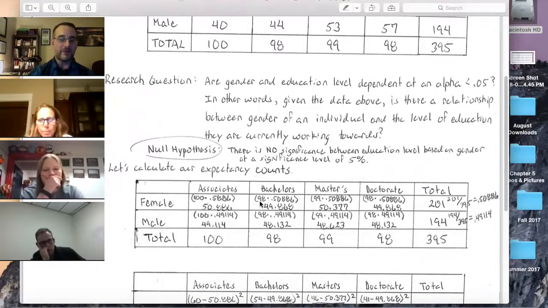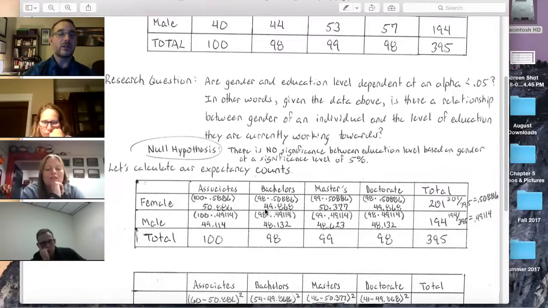And if we do that for each of our educational categories, like for our bachelor's degree, we had 98 of them. 98 times our probability level, 98 times 0.50886, we would expect 49.868 females working towards their bachelor's, well, that should have said 49.886.